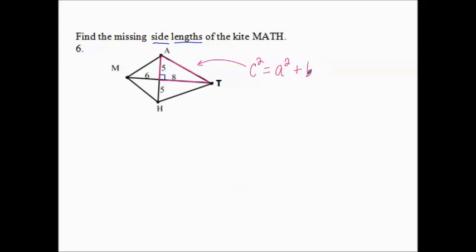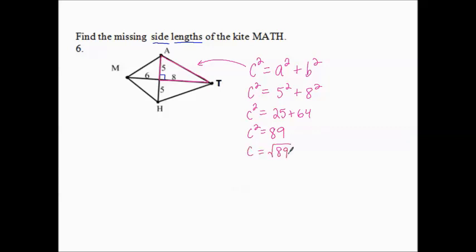C squared equals A squared plus B squared. The C is the hypotenuse, that's the one we don't know. The A and the B are the legs, so we'll plug those in there. So C squared equals 25 plus 64. C squared equals 89, and C equals the square root of 89.